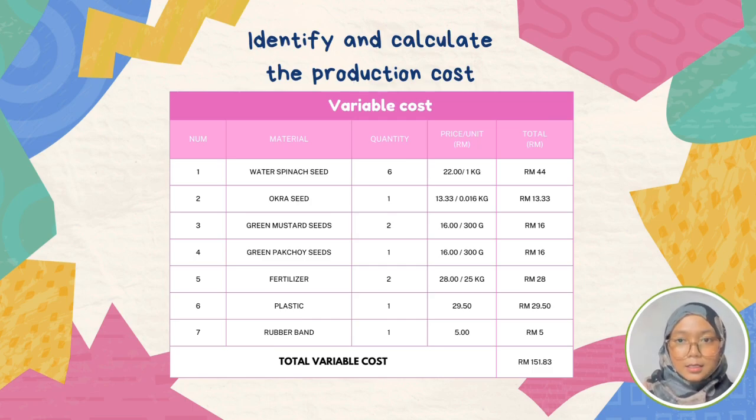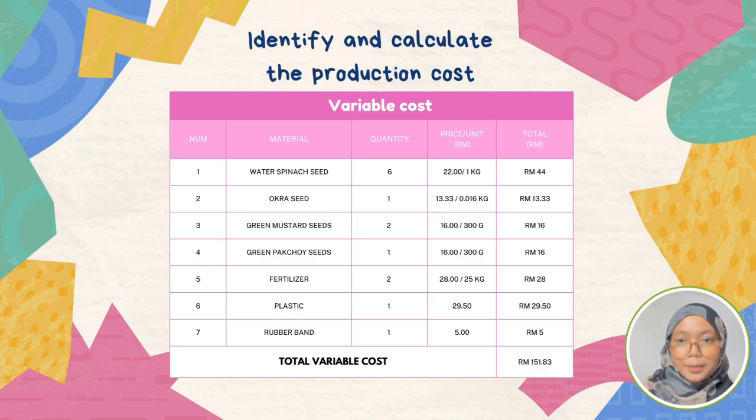For fertilizer, the quantity is 2 packs, 25 kg each. Price per unit is RM28 and the total is RM38.